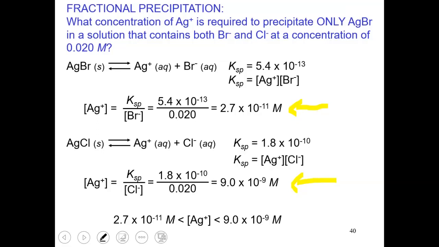If you get to 9 times 10 to the negative 9 molar or above, both compounds are going to precipitate. So you want to find somewhere in between there where you calculate how much of the silver ion should I add in between those two values, and that way you'll be able to precipitate only silver bromide, but not the silver chloride.